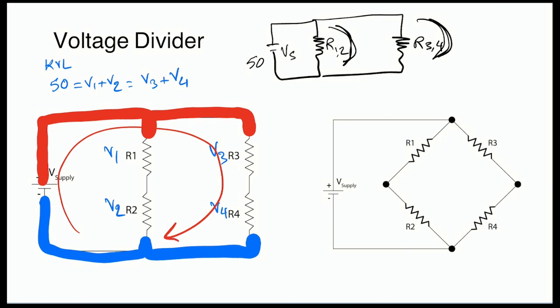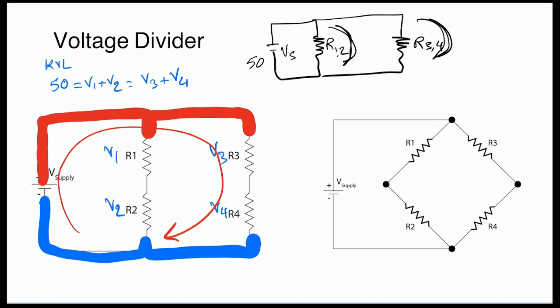Now you're going to say, okay, so do we have two circuits here? Well, I should have said loops actually, but the voltage drop between the red node and the blue node is the same whether you are looking at 3 and 4 as a branch or 1 and 2 as a branch. Voltage drop is going to be the same.